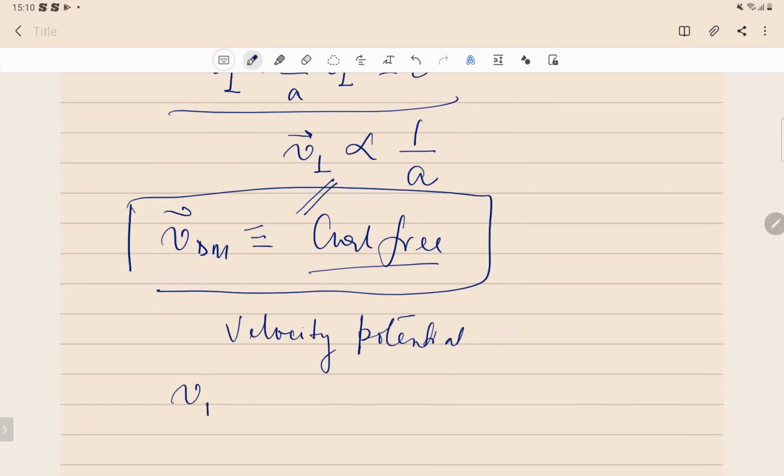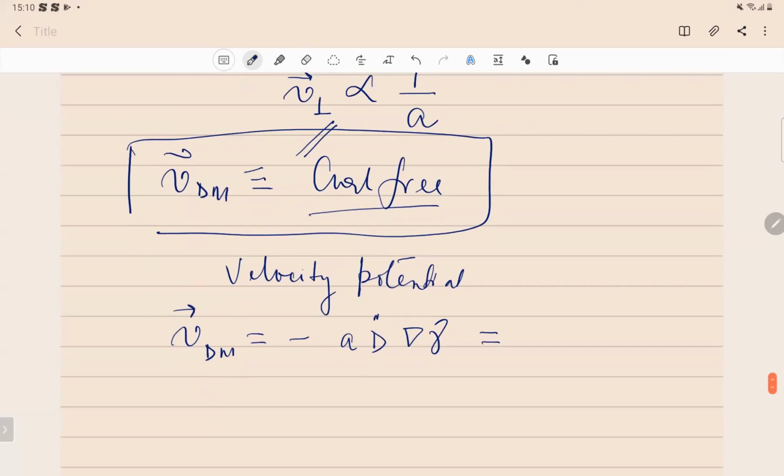So then v dark matter, which you write as minus a d dot grad of gamma. This is basically gradient of some scalar, and the time dependence is in this term. This is essentially time independent.